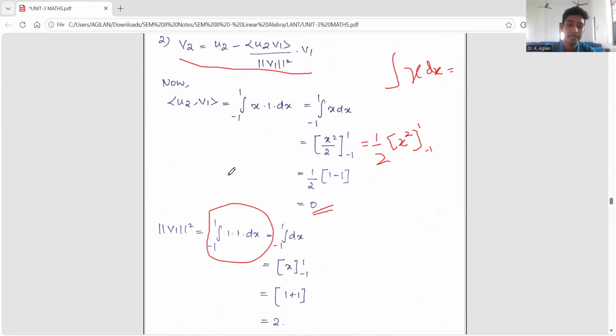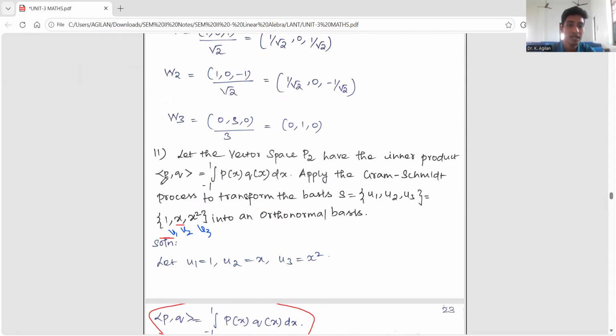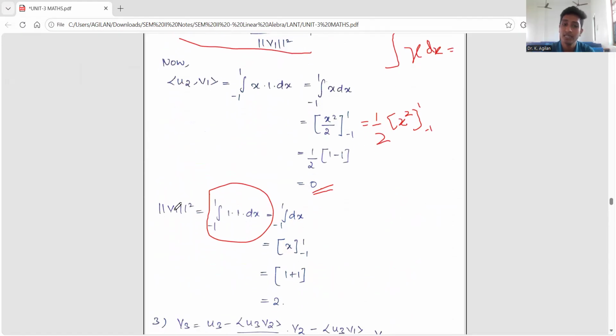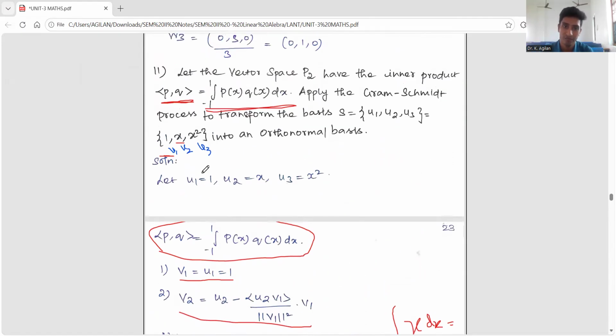Because here the inner product of P comma Q is represented as this integral. That's why we consider this format. So here P of x equals V1, Q of x equals V1.